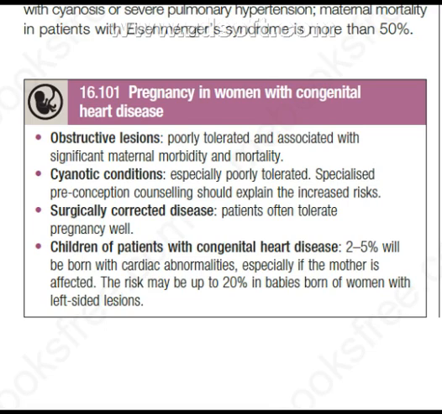In surgically corrected disease, patients often tolerate pregnancy well. Of children of patients with congenital heart disease, 2 to 5% will be born with cardiac abnormalities, especially if the mother is affected. The risk may be up to 20% in babies born of women with left-sided lesions.